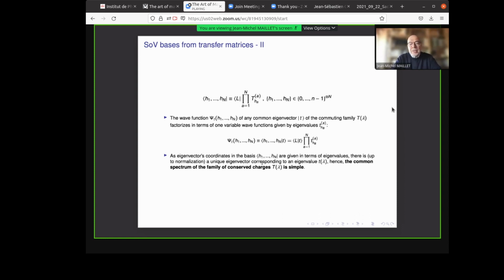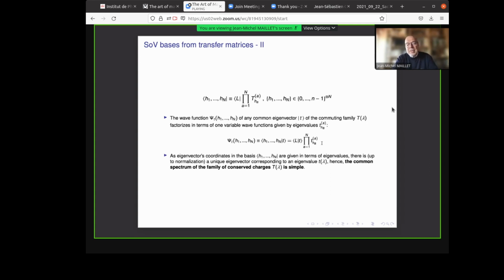So suppose you have proven that, and I will show several examples. What are the direct consequences? Well, the first consequence is that if you take any eigenvector of your commuting family of transfer matrices T(lambda), it is hence also an eigenvector of your objects T_{h_a}. If you take the wave function in these coordinates, it is separated. So you have a trivial constant here, and you get a product of functions which are just the eigenvalues, and it is a pure product of functions of the individual coordinates h_a.